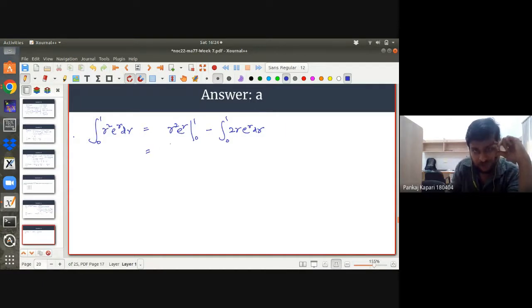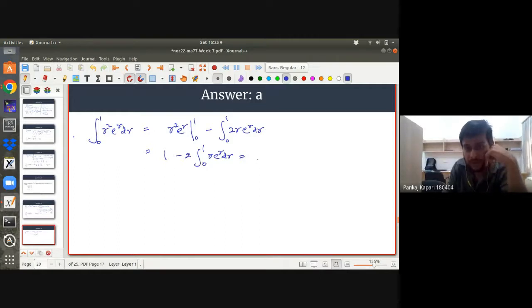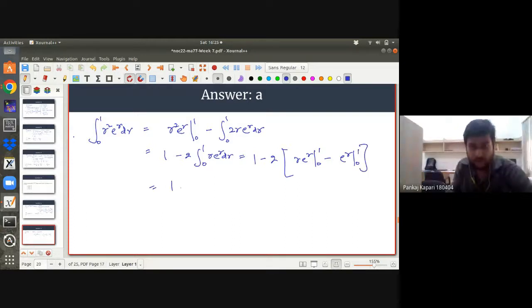Here we'll have 1 minus twice the integral from 0 to 1 of r times e to the power r dr. Now we'll again apply integration by parts. This is 1 minus 2 times r e to the power r from 0 to 1 minus the integral of e to the power r from 0 to 1, and that will just become e to the power r.